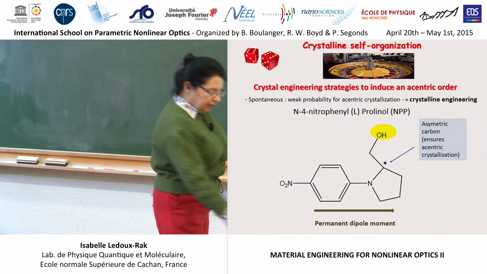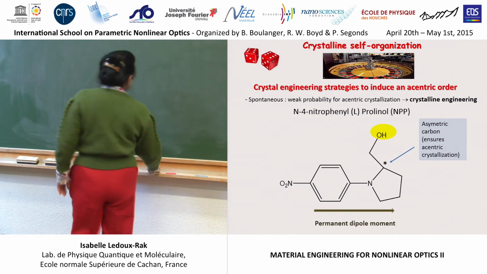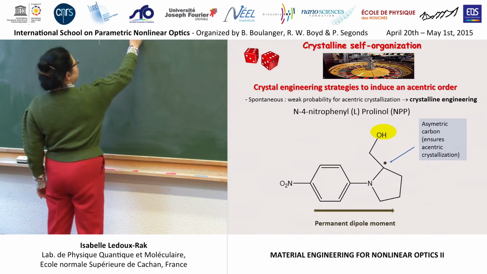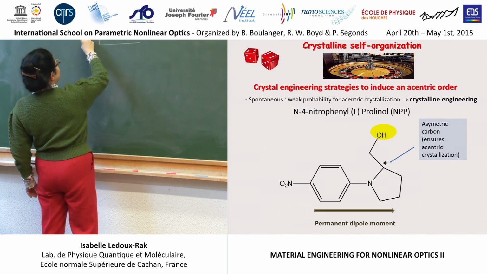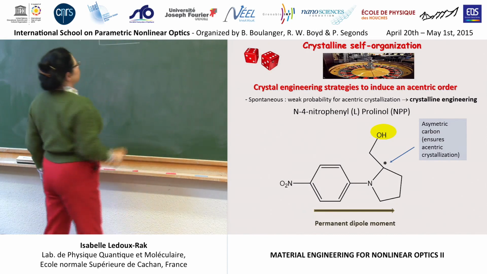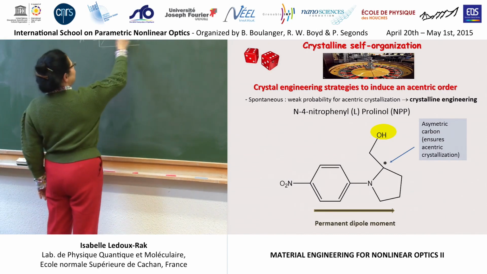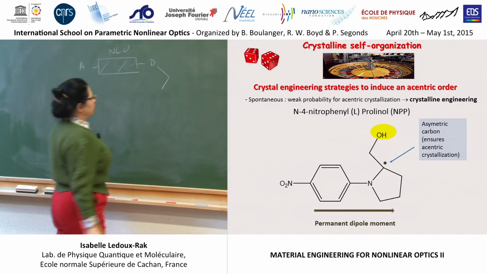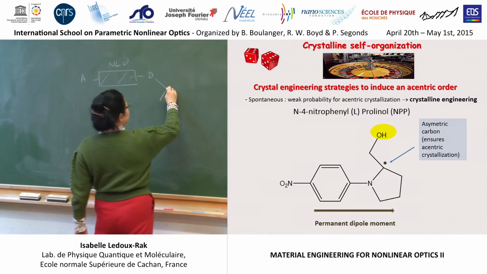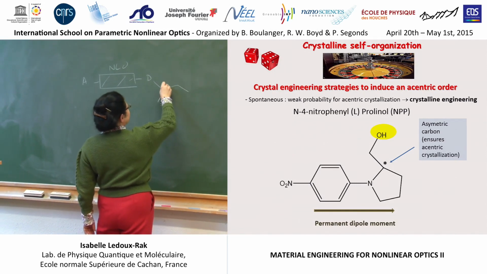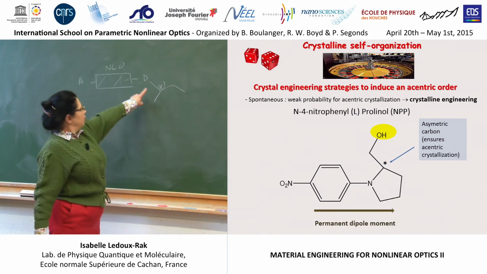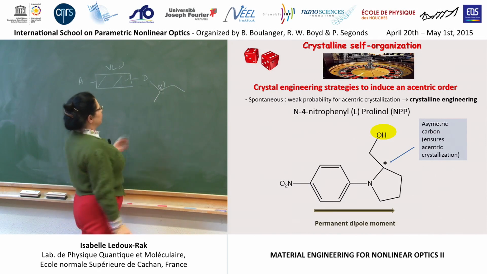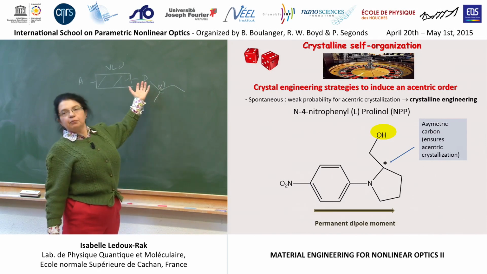Why is it disappointing? Because when you have to organize a nonlinear molecule, these molecules are made of 2 parts. This is, for example, donor-acceptor groups with their dipoles. This is the nonlinear part. And here you have an asymmetric carbon, where the best position could be there, for example. The problem is that along this axis between the donor and this carbon, there is completely free rotation and movement.